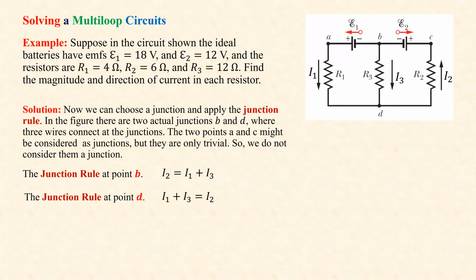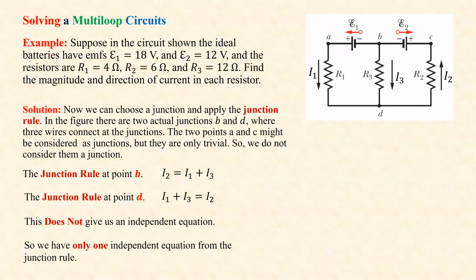So I1 plus I3 equals I2. But these two equations are the same equations. This does not give us an independent equation or new information. So we have only one independent equation from the junction rule.